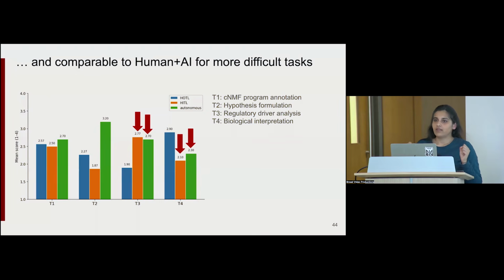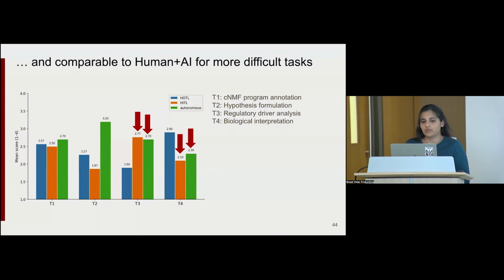This is to say that for some of the tasks where things are somewhat standard and humans do it pretty much as a combination of 4 or 5 different ways, agents are able to get to that stage significantly okay. But for some of the things which are more open-ended, like regulatory driver analysis or biological interpretation, agents are still similar-ish, and they're not necessarily any better than a lot of the humans.